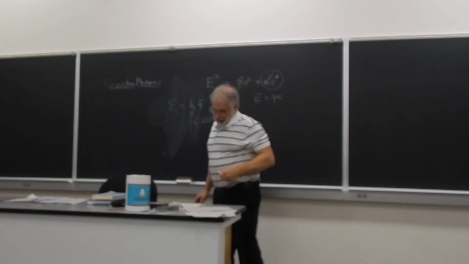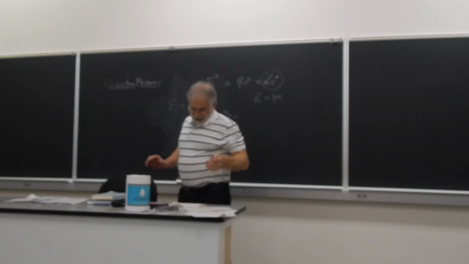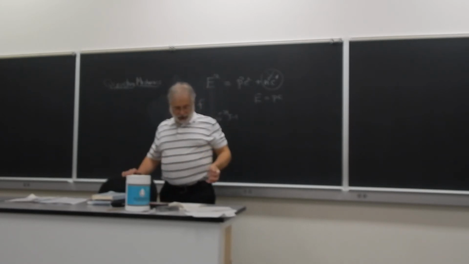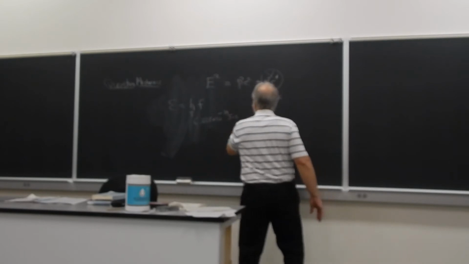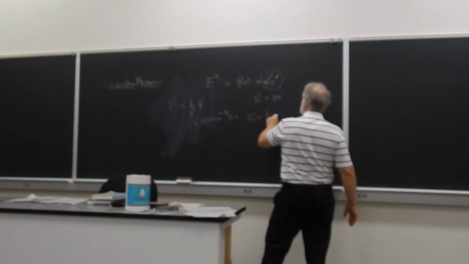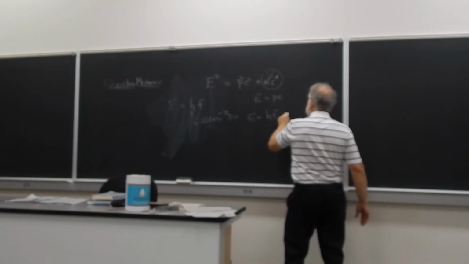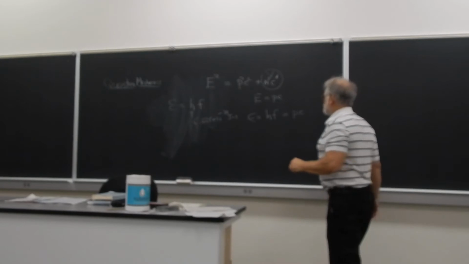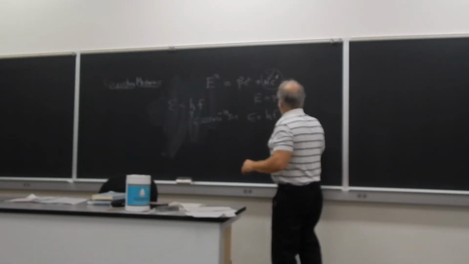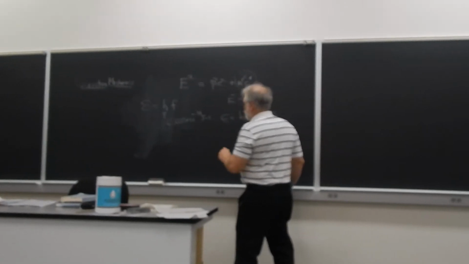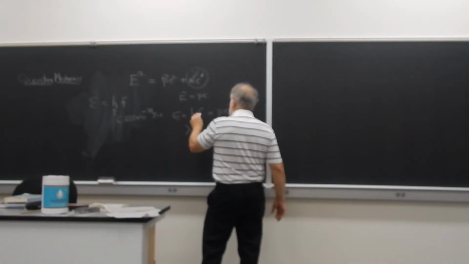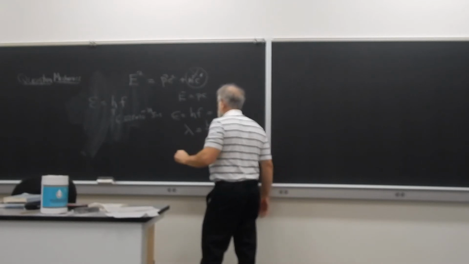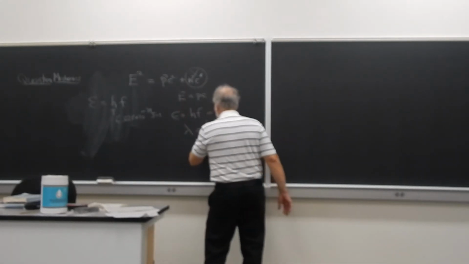Furthermore, de Broglie came along and talked about relating the special theory of relativity results with Planck's quantum theory. In other words, he talked about the energy being equal to h times the frequency and also equal to the momentum times the speed of light, which gave an equation where we would assign to each particle a wavelength, lambda equal to h over p.